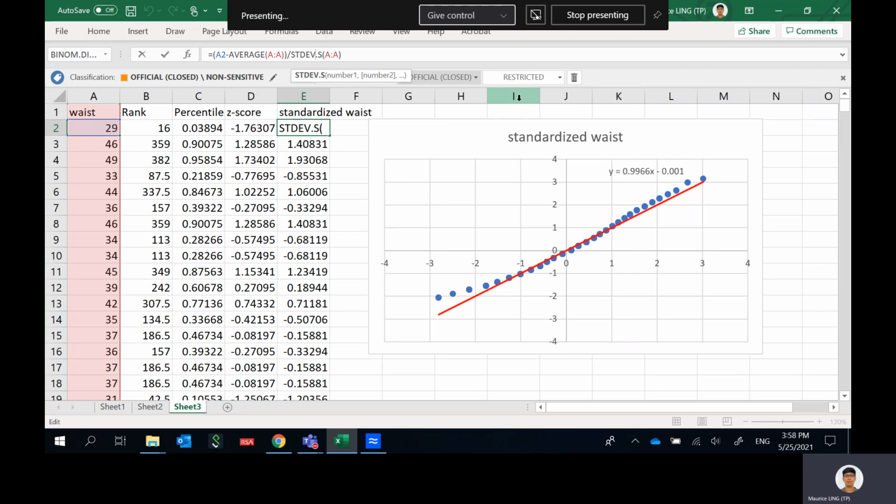All right. So this is your QQ plot essentially.